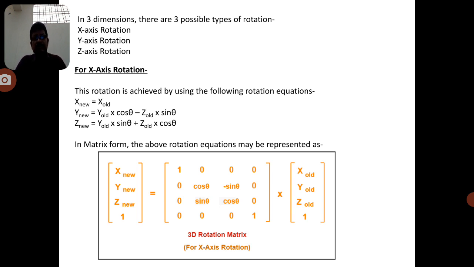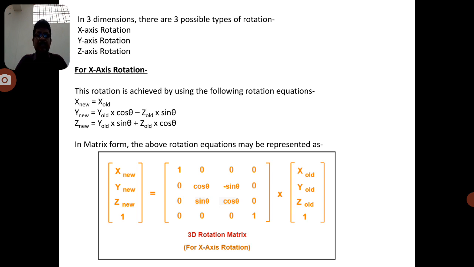Whenever we take rotation about the x-axis, there is no change of the x coordinate value, but the changes take place in the y-axis and similarly in the z-axis. That's why x new equals x old, and similarly we need two more equations for the y-axis and the z-axis.